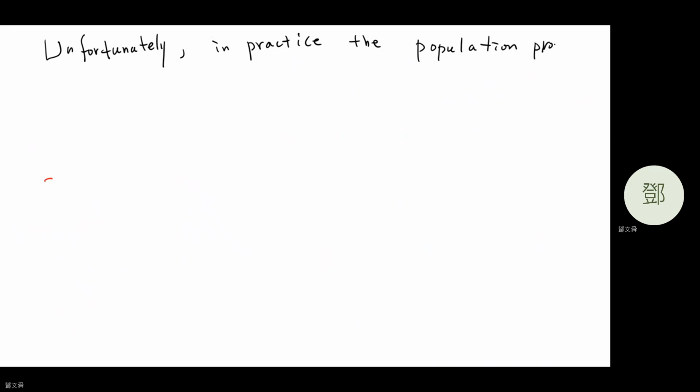Unfortunately, in practice, the population proportion is often unknown.